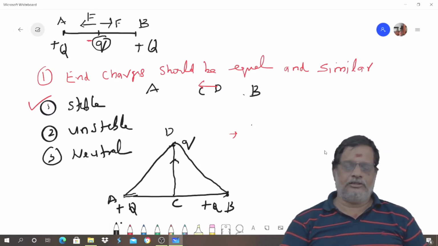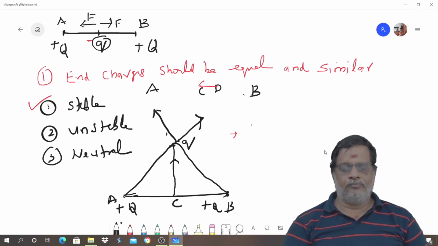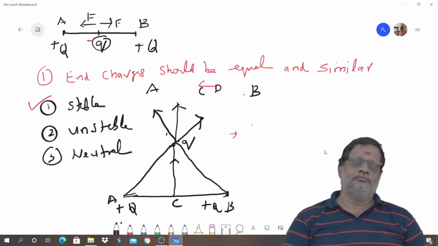So now you see that the force on the charge placed at D, which is small q, is directed along this line AD, and the force on the same charge due to the charge at B is along BD. See, so the resultant force, the net force, is along this line.